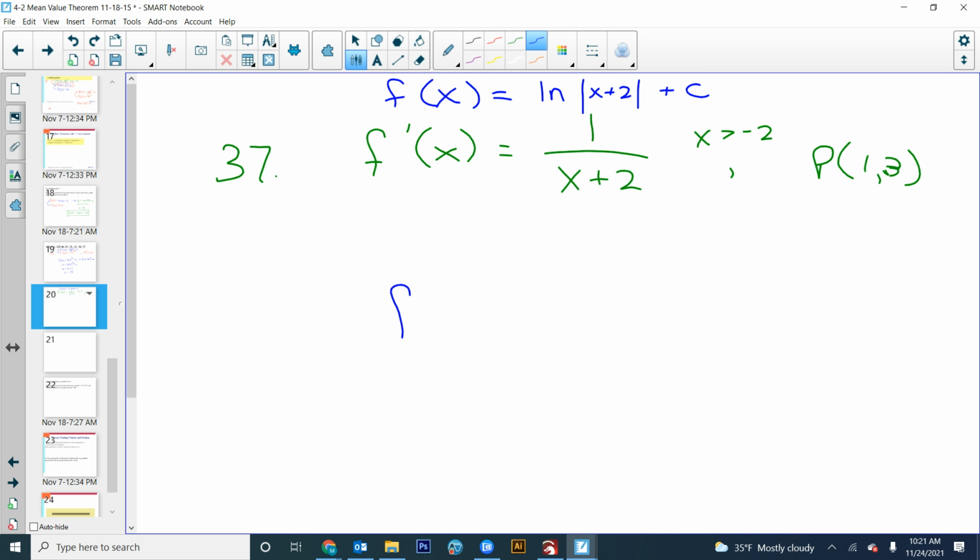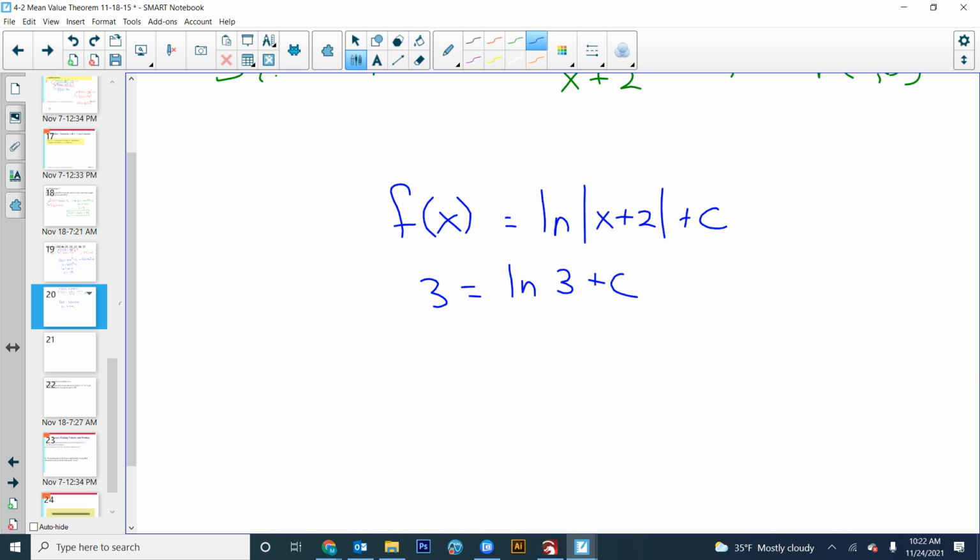All right, f of x equals ln absolute value of x plus 2 plus a constant. You can double check it. What's the derivative of ln of x plus 2? 1 over x plus 2, times 1. Plug in the point. You can drop the absolute value because 3 is always positive.